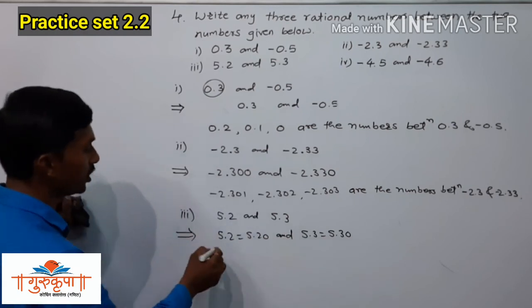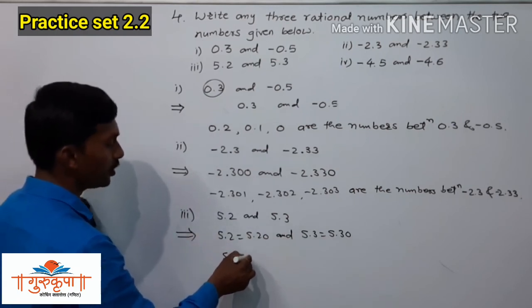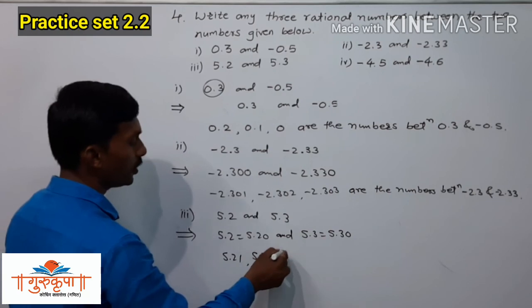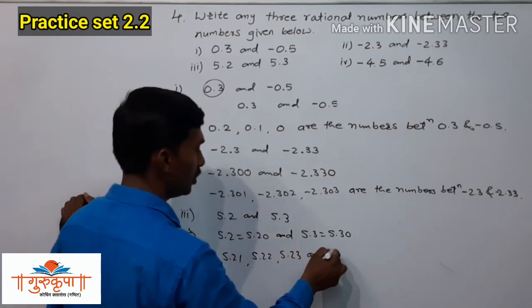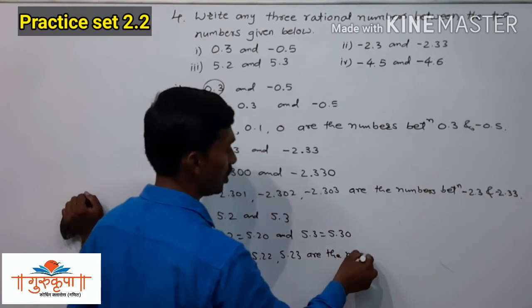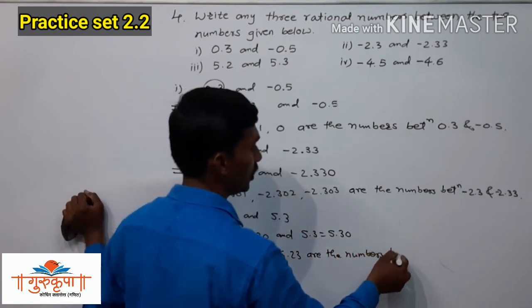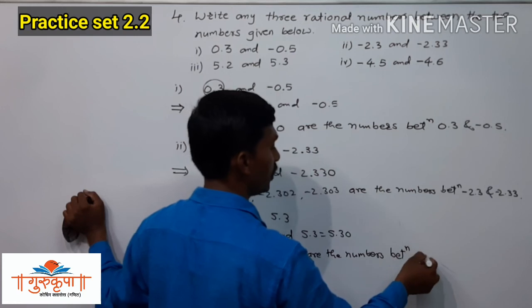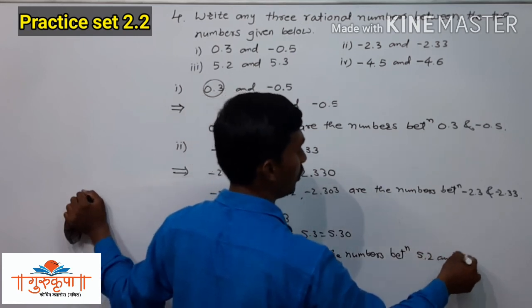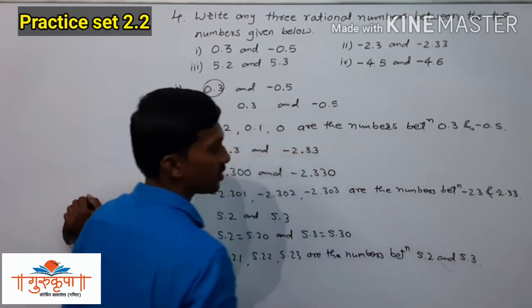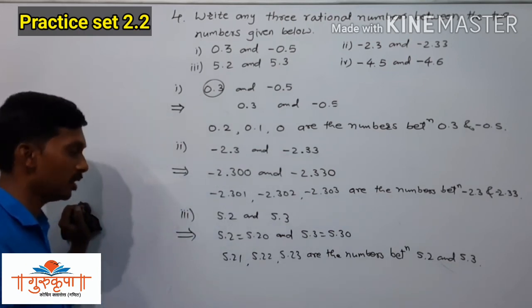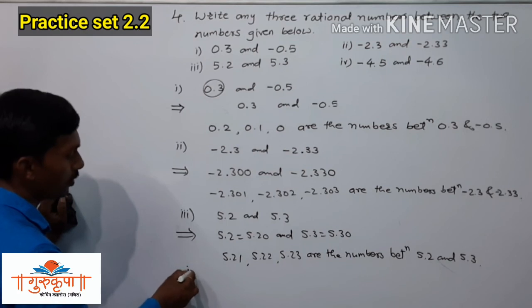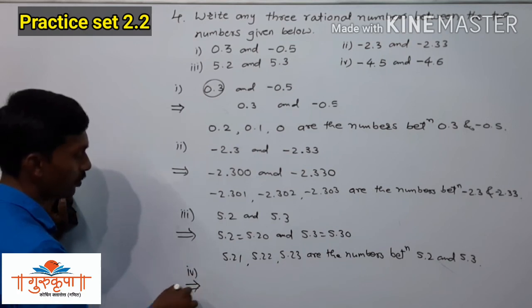You can directly write the numbers, that is 5.21, 5.22, 5.23 are the numbers between 5.2 and 5.3. Then we have the last example, that is example number 4.